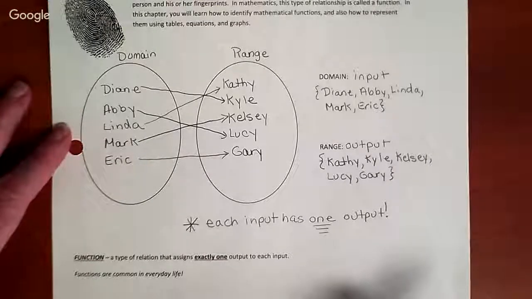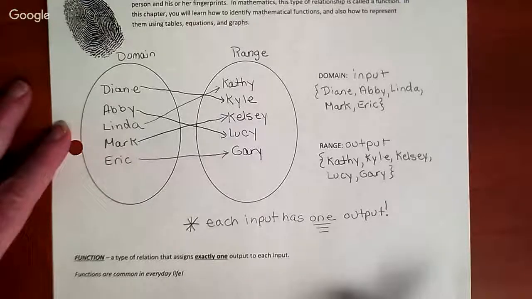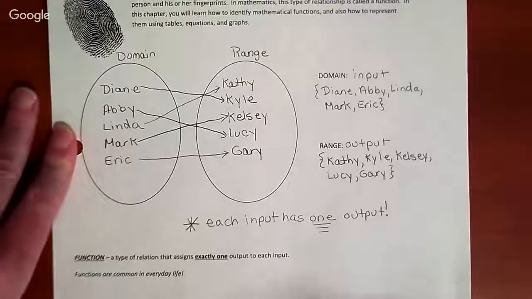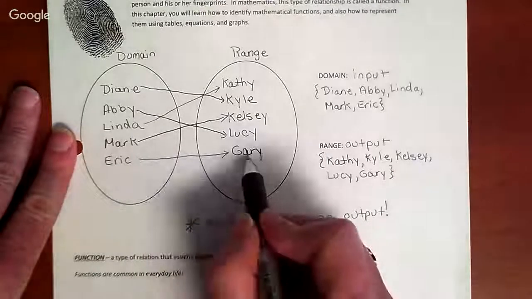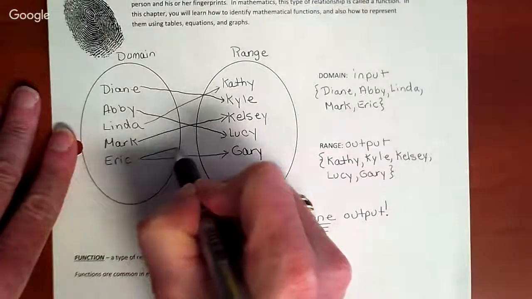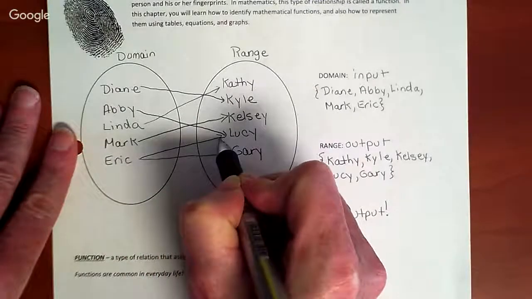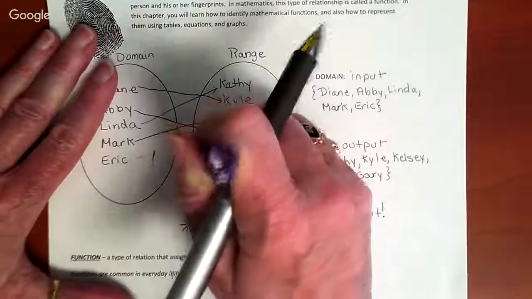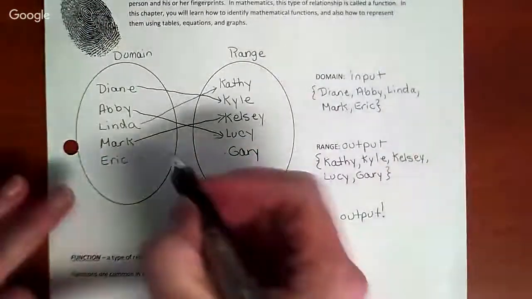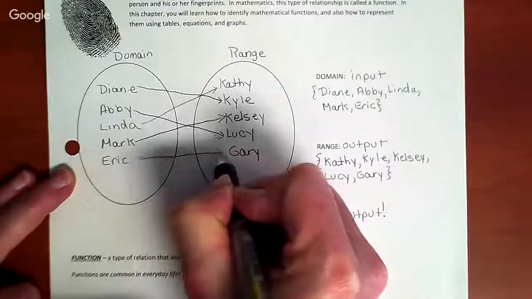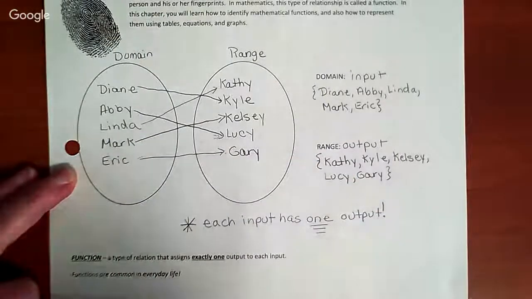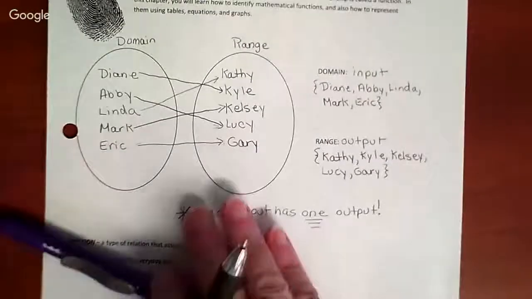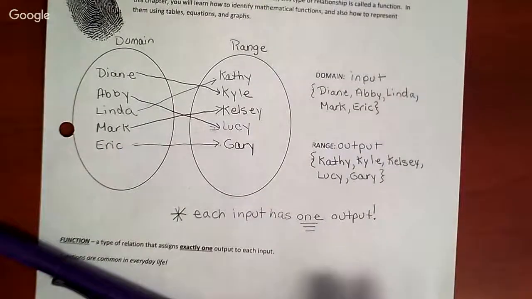Now, what I do want to mention here is this. I could say Eric could go to Gary, and Eric could also go to Lucy. Or sorry, let me change that. Let me switch that around.